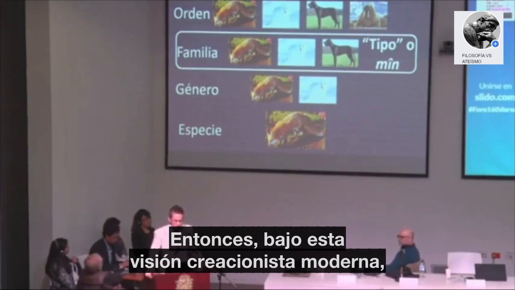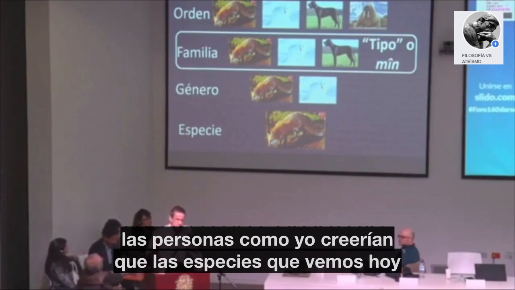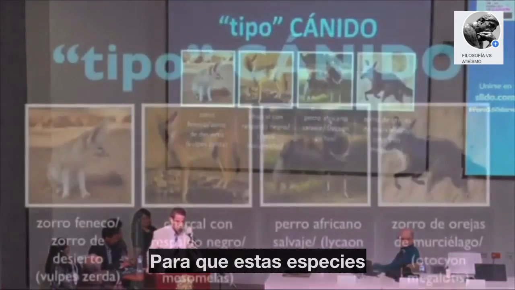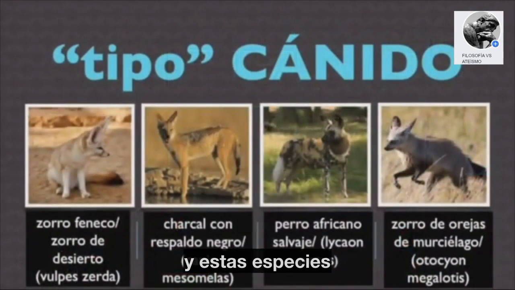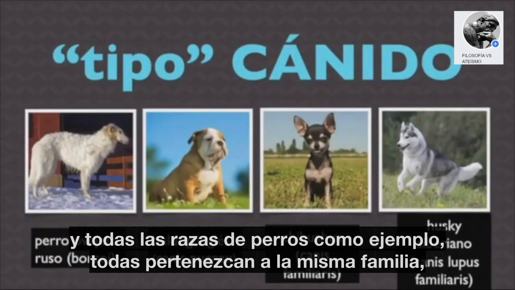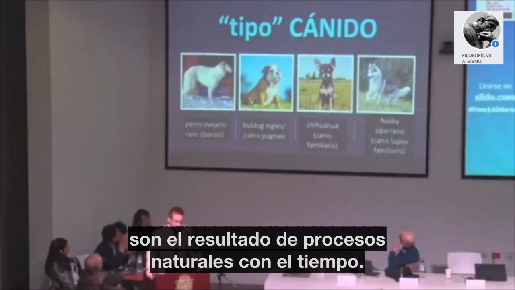So under this modern creationist view, people like myself would believe that the species we see today are the descendants of ancestors that were divinely created, so that these species and these species and these species, and all the breeds of dogs, as an example, they all belong to the same family, are the result of natural processes with time.